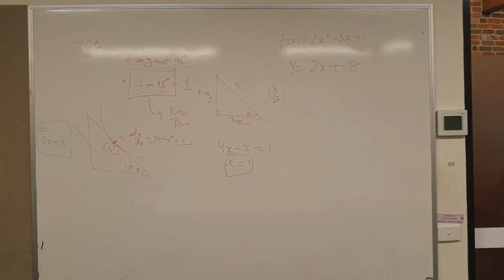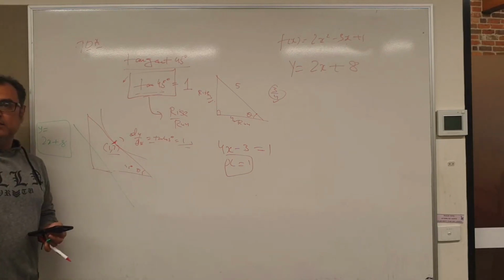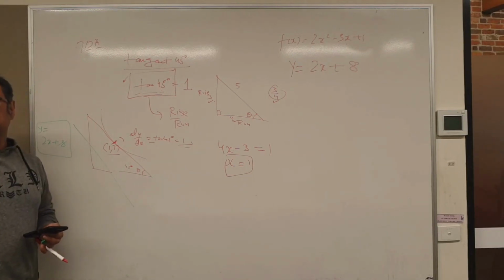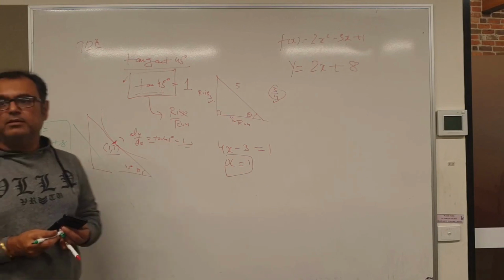So what do we do now? Find the derivative. Derivative of what? 2x plus 8. Whenever you think of parallel lines, what should be the first thing that should come to your mind? Same gradient.